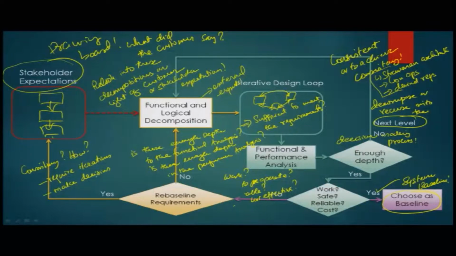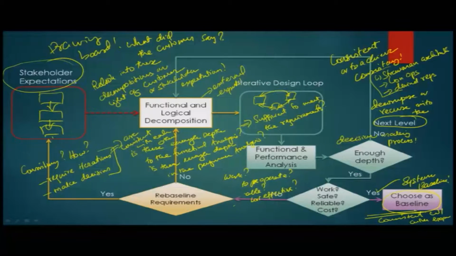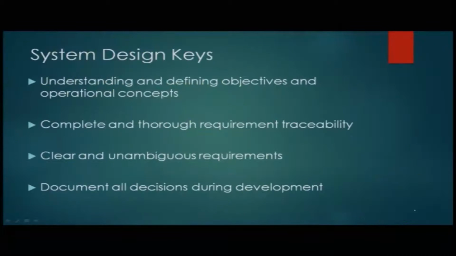So, at different junctures, you would make iterations and decisions in a way that all these three are consistent with each other. Okay. So, the final baseline that we choose is consistent with customer expectations or stakeholder expectations. That is the baseline that is being chosen.